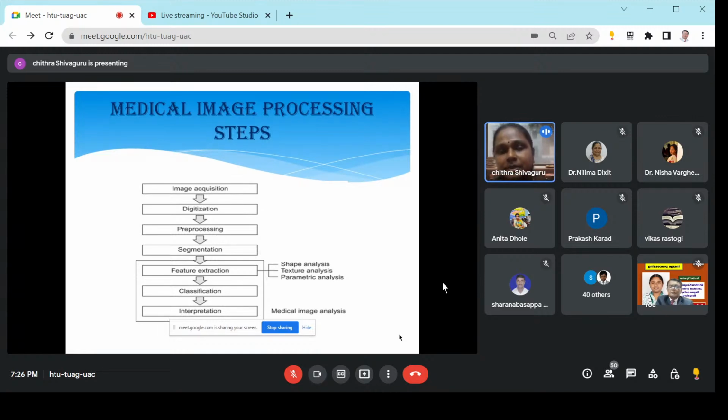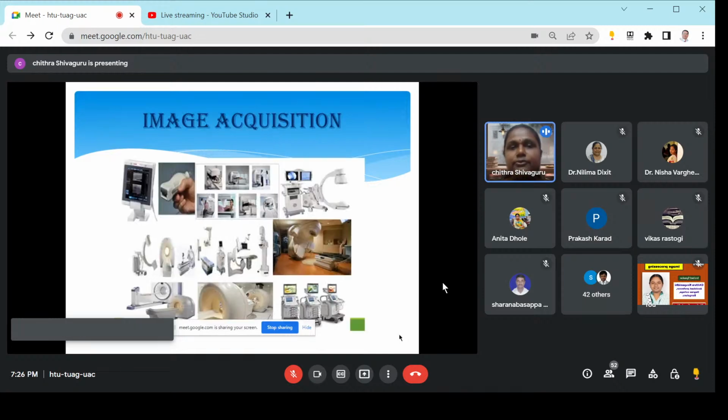So these are the steps. The first step is the image acquisition. Here, whatever we discussed, the 2D images and tomography images, whatever is being captured, is nothing but from CT scan or from X-ray or from fundus imaging or from nuclear imaging PET scan.